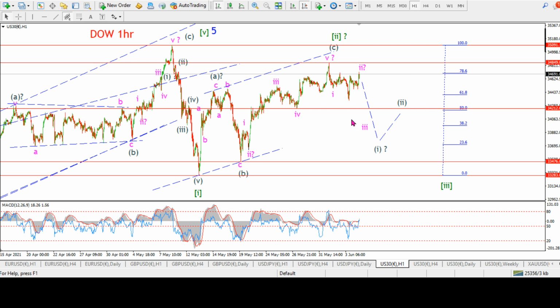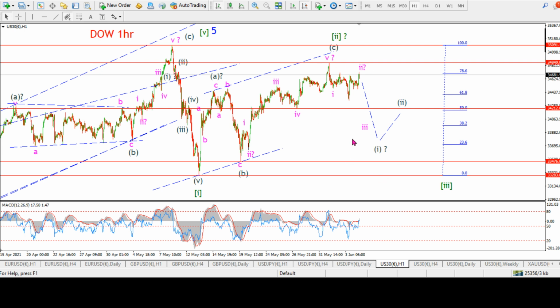I cannot confirm or deny that just yet. So, as far as I'm concerned, as long as we hold below that wave 2 high here, that comes in at 34.8, call it 34.850, as long as we hold below that today, then we are on for wave 1 down.